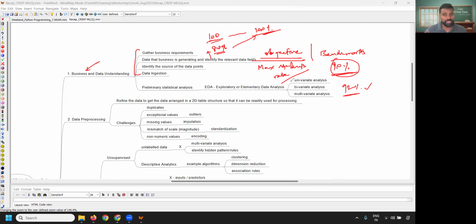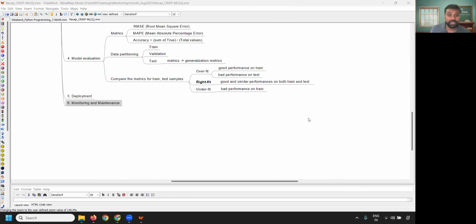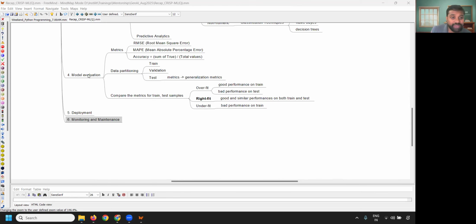Anything beyond that is acceptable, obviously. This way we set benchmarks or success criteria in the business understanding stage itself. We will use those success criteria while we are evaluating the model.